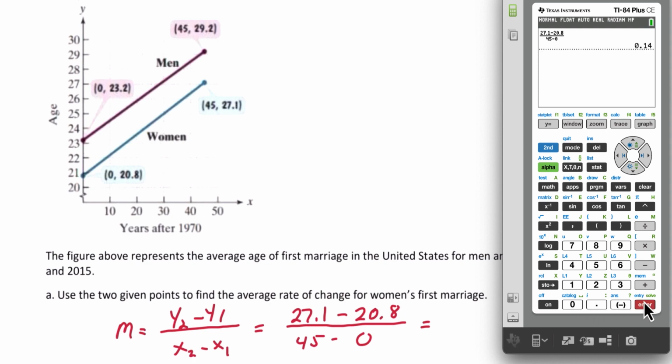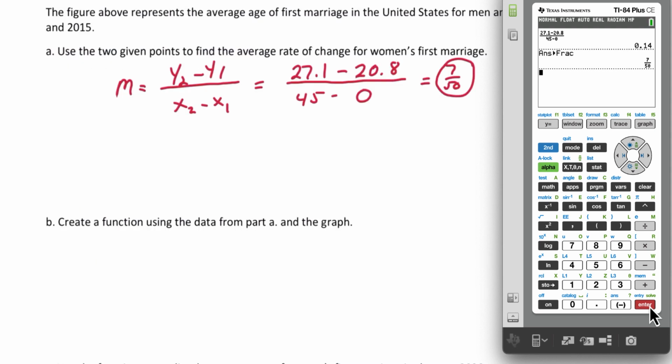Hit enter and we can see that the slope is 0.14. Or if we wanted to convert that to a fraction, we could hit math, enter to get a reduced fraction, 7/50. This is the average rate of change for women's first marriage.